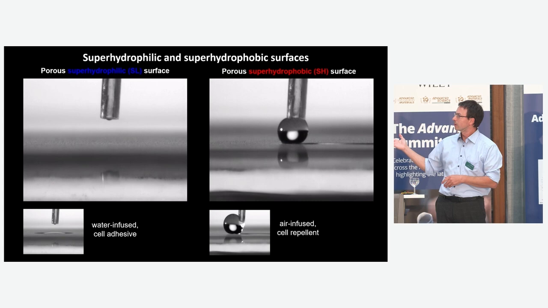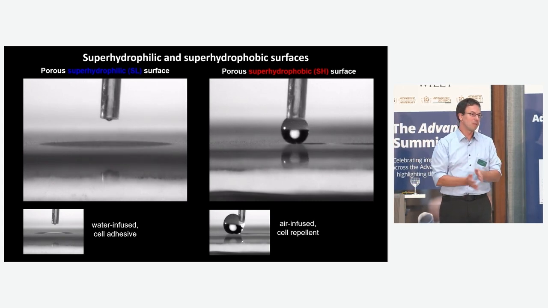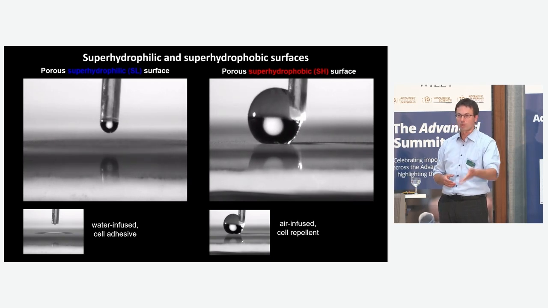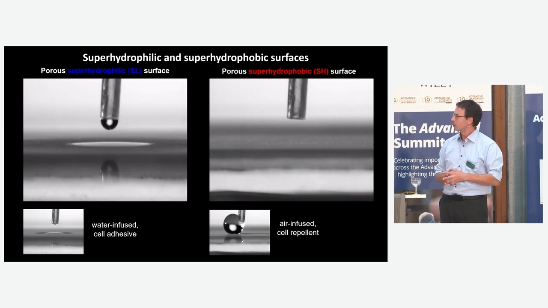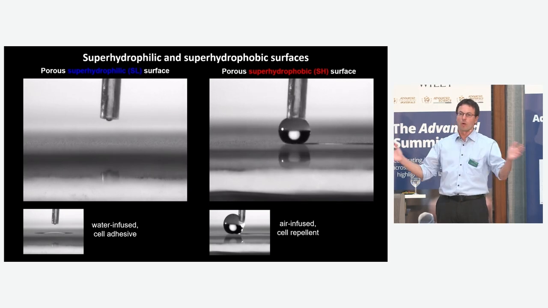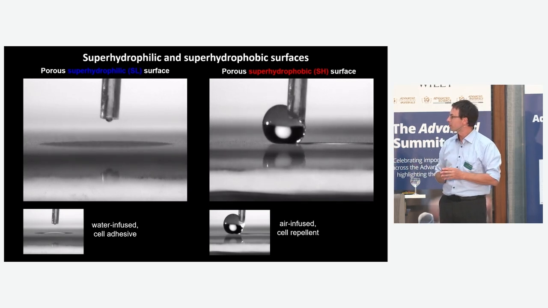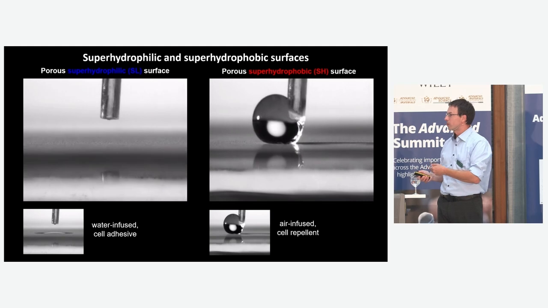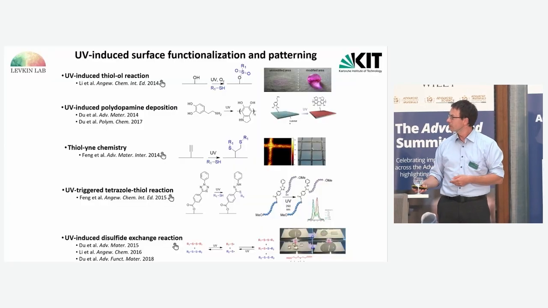And on the other hand, the opposite of superhydrophobicity is extremely hydrophilic or superhydrophilic coatings, which is also based on micro-nanostructuring and surface chemistry, but has completely opposite, highly adhesive properties. And then we also have been working on methods to create these surfaces using photochemistry based on UV lights.